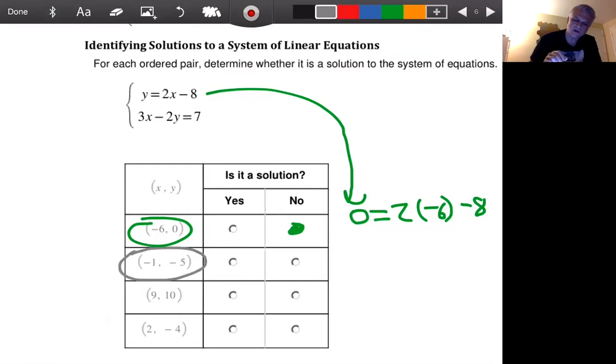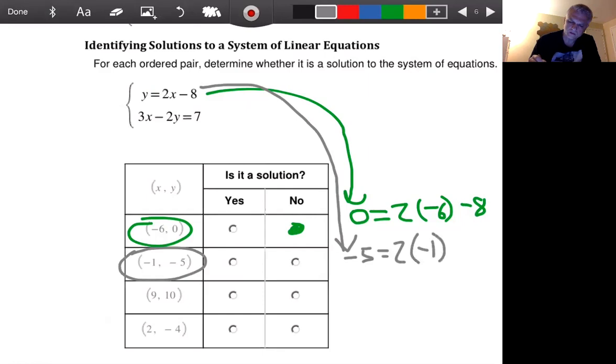This one right here. Let's take the first equation again. So we're going to use negative 5 for y and negative 1 for x. Let's see if this works. Okay, 2 times negative 1 is negative 2. Negative 2 minus 8 equals negative 5.